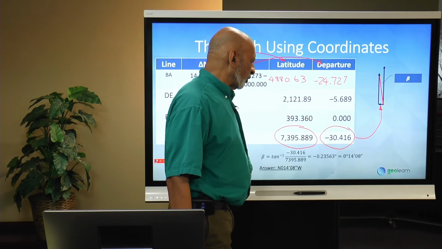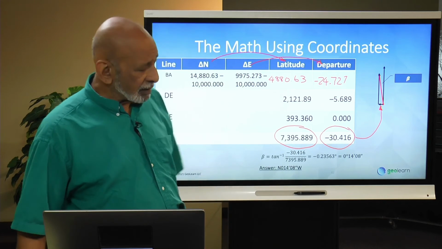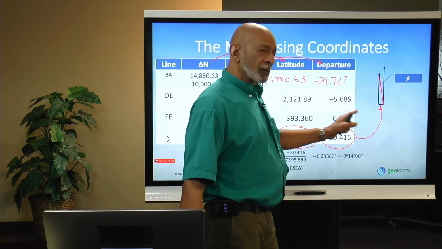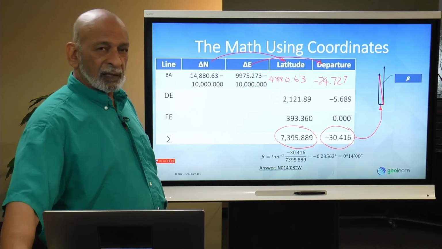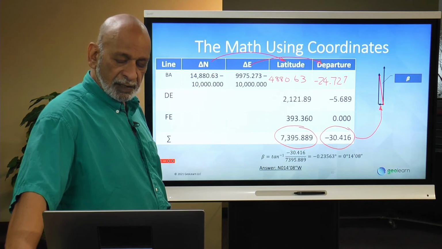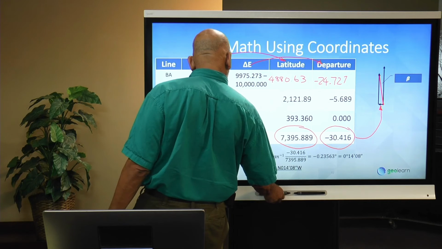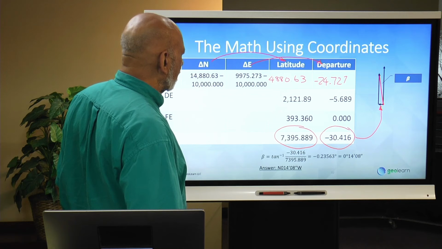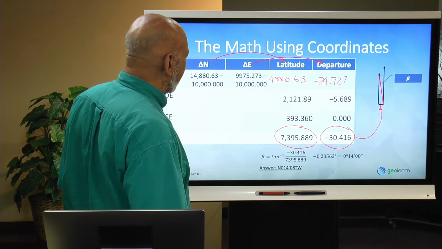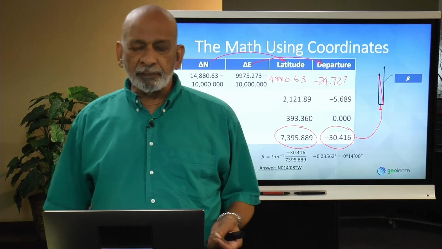Still want to carry out a few decimal places more than you might need on the decimal degrees before converting to 14 minutes and 8 seconds. It's actually 8 and some change seconds, but generally on most exams, unless it's more of a control surveying or geodesy type question, it's not likely they're going to ask you for what the decimal seconds in a particular angle or direction are. So that completes this whole topic of computing weighted mean bearings.